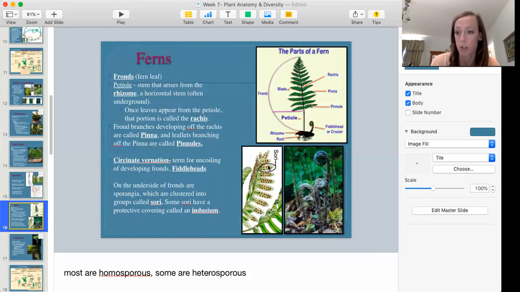The spores, which are haploid, are going to produce the gametophyte generation, and still haploid, until they produce gametes, which fuse to restore the diploid number and produce our mature sporophyte, which forms from this uncurling of the frond. Okay. All right, that's it for ferns.